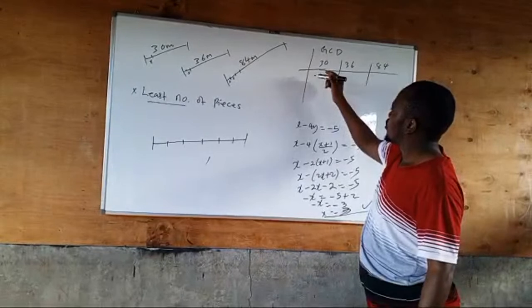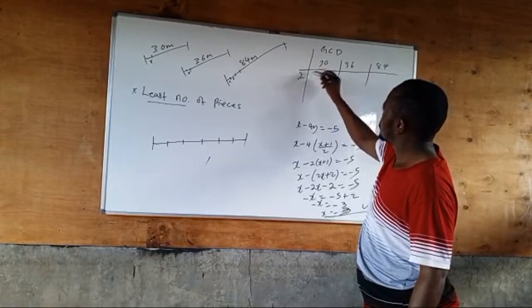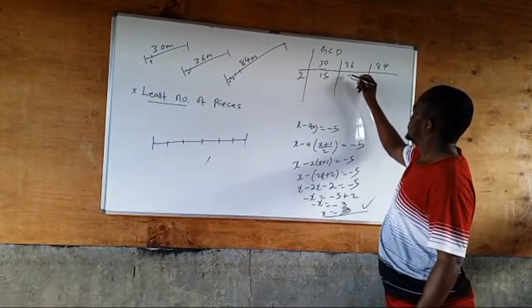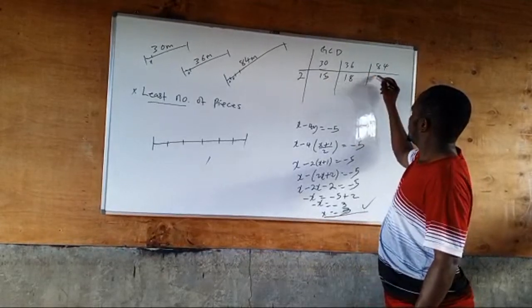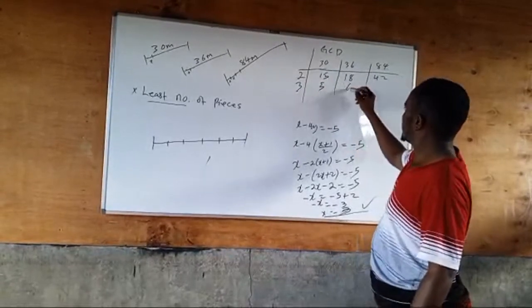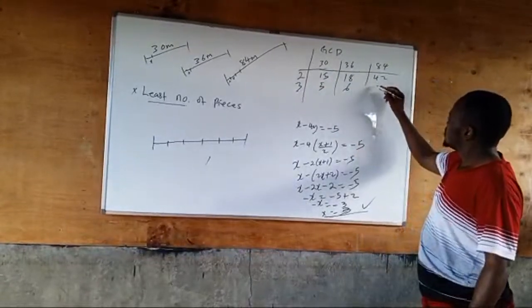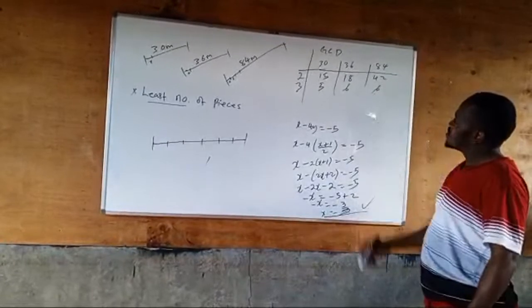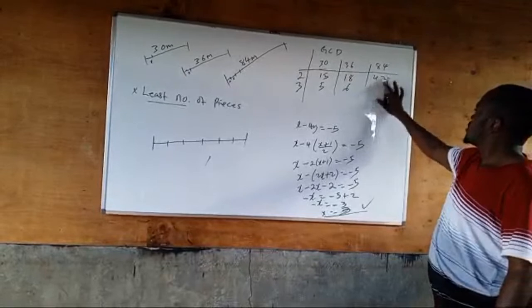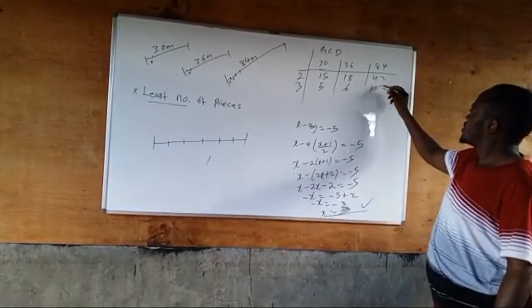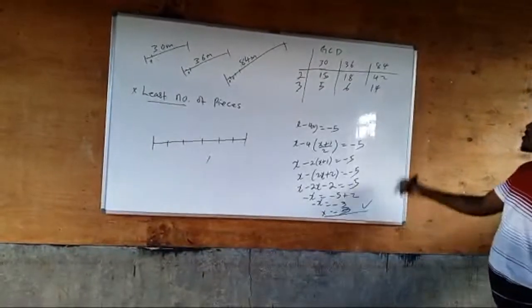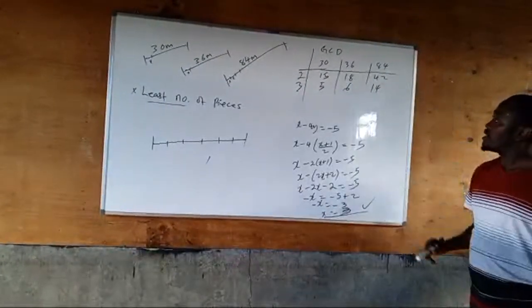Tafuta tu na hizo prime factors 2, 15, 18, 42. Then 3, 5, 6, and 21.